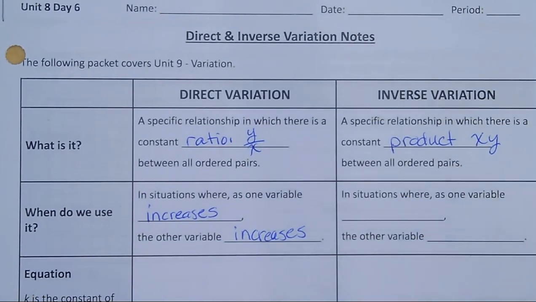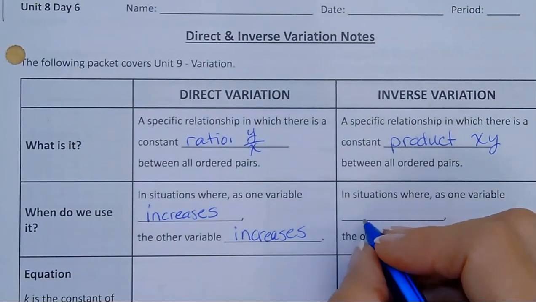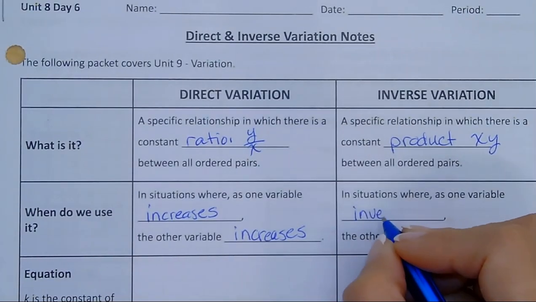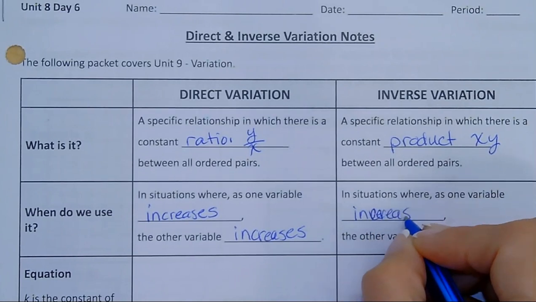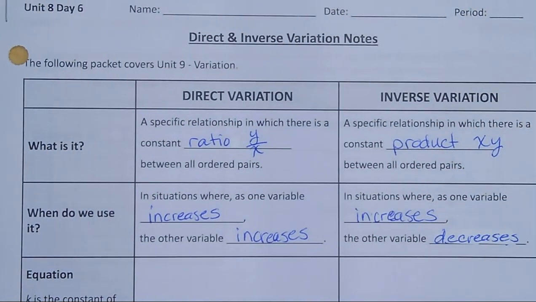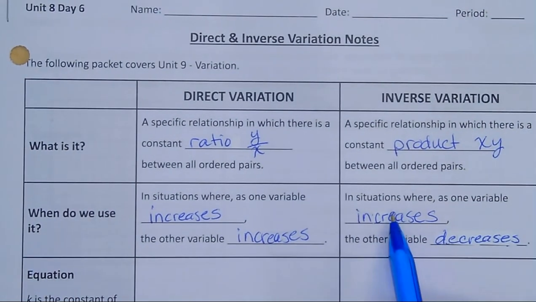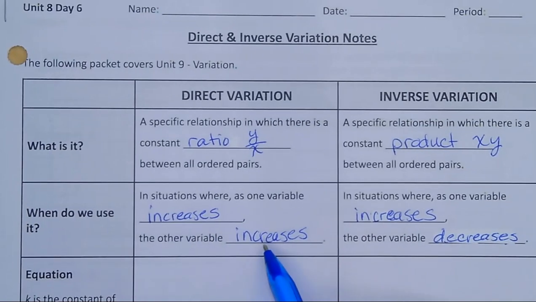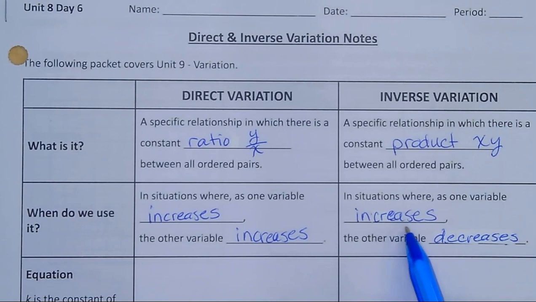If we're looking at inverse variations, though, we are going to have the opposite thing happen. As one of the variables increases, the other variable decreases. So direct: as one variable increases, the other increases, and inverse: as one increases, the other variable decreases.